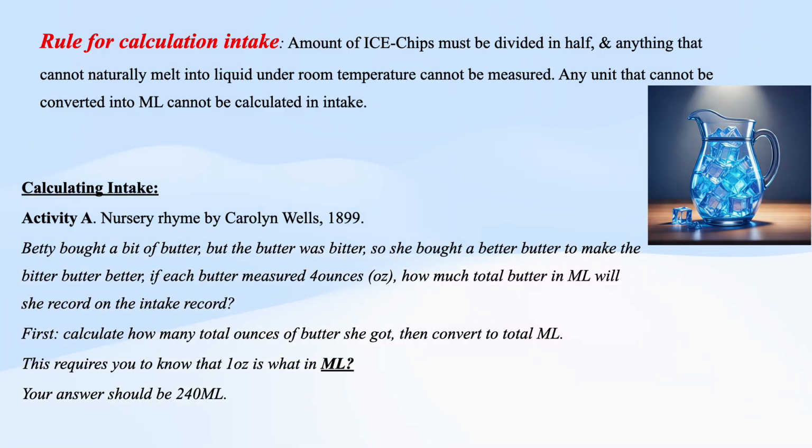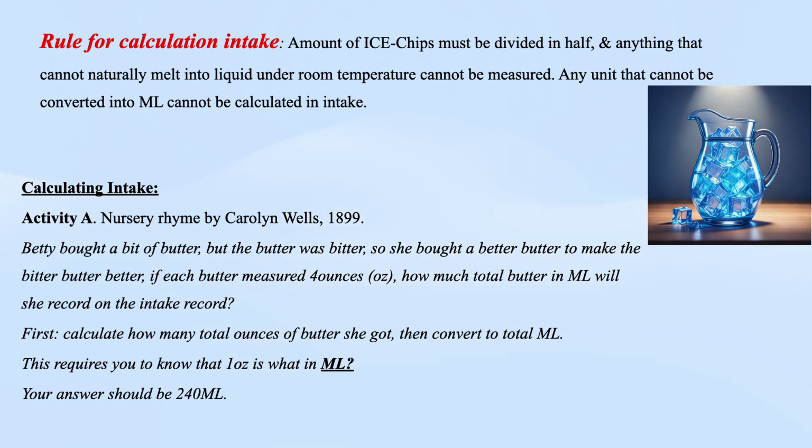Now, there is an important rule when it comes to factoring ice chips. All right. Now, on this slide, as you can see, I have a picture of ice cubes. The ice cubes tend to take up space within the picture. So what happens is once all that ice cube melts, you notice that the volume or the measurement is going to reduce.